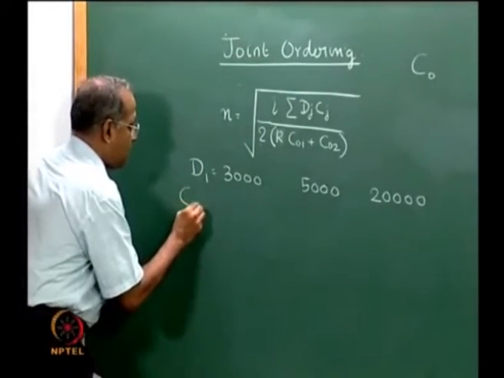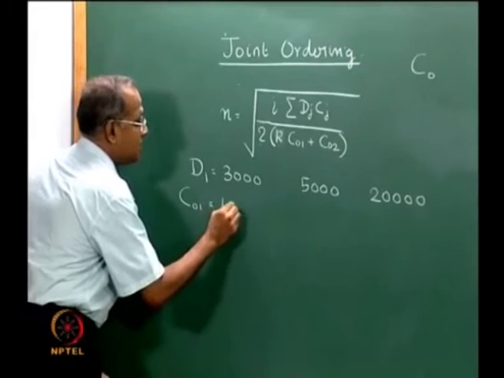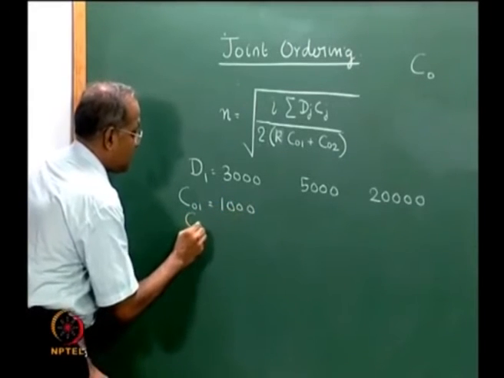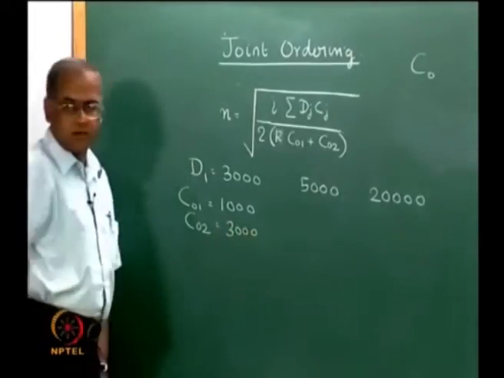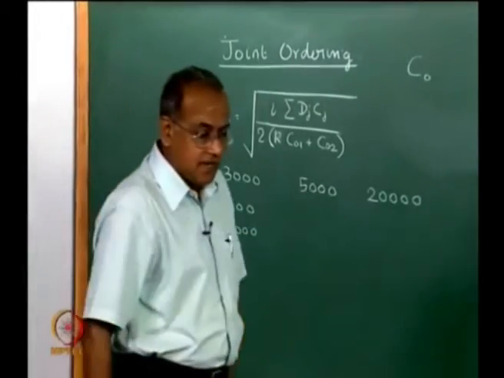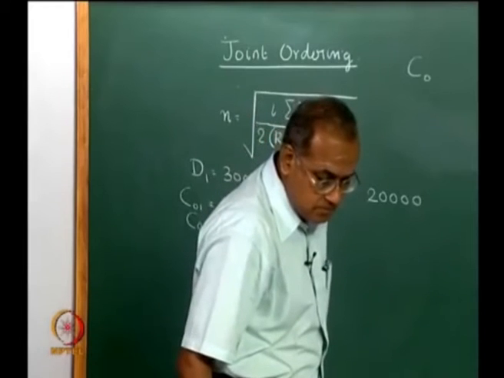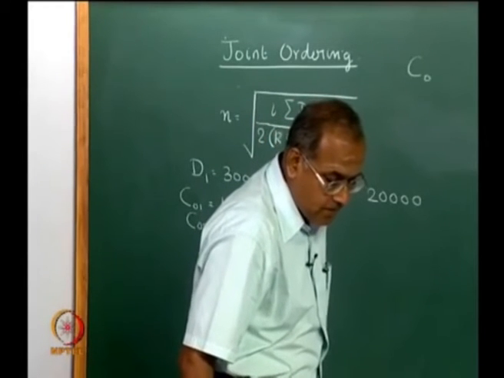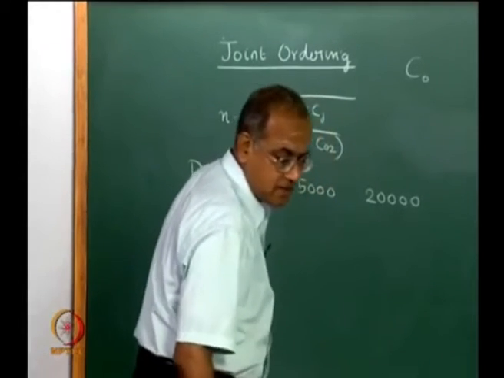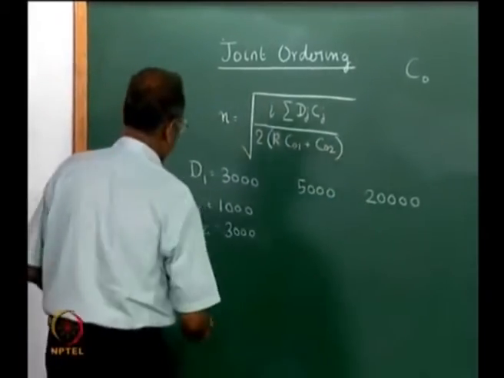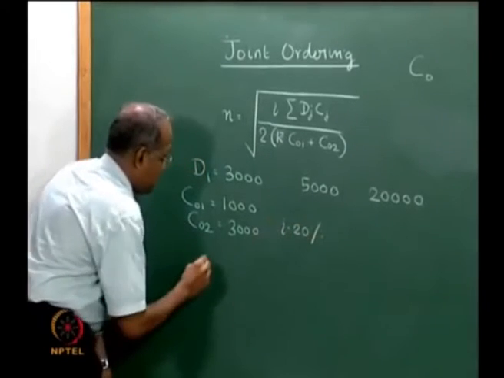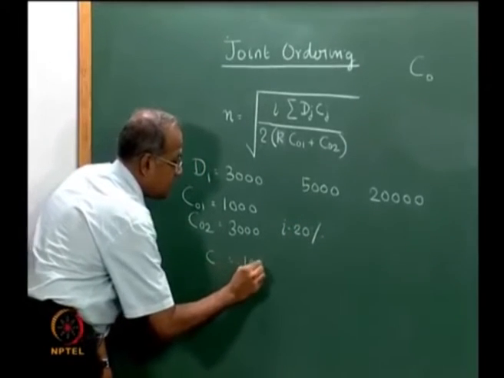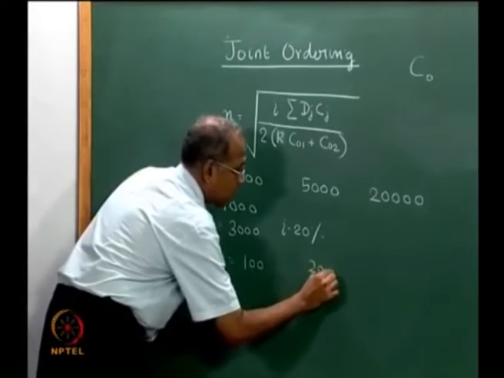So C01, which is the admin cost, is 1000 and C02, which is the truck cost, is 3000. Then I is 20%, and the unit prices C are 100, 200 and 400 respectively.